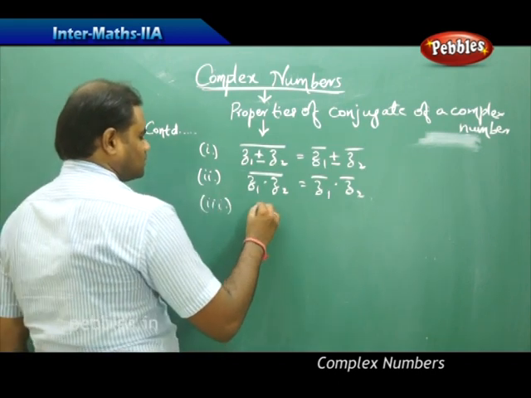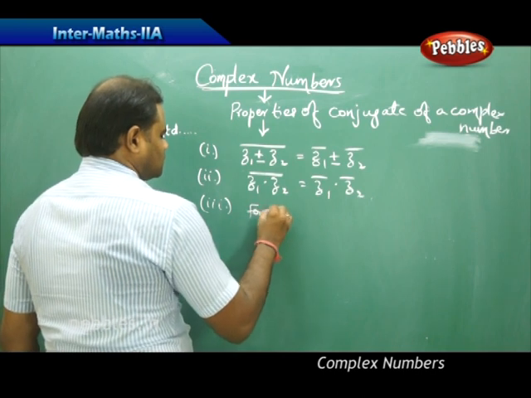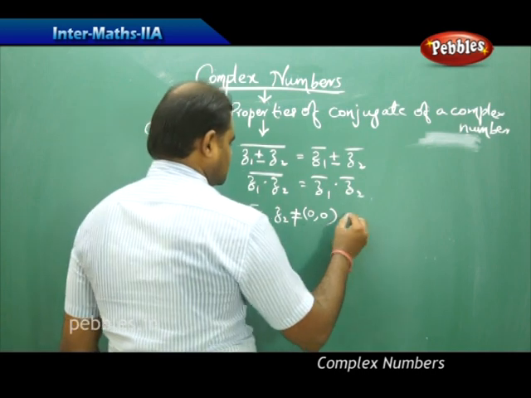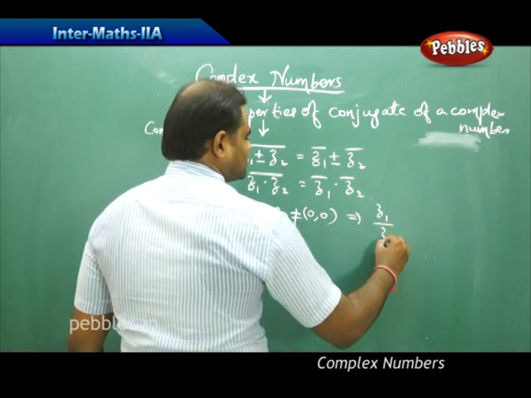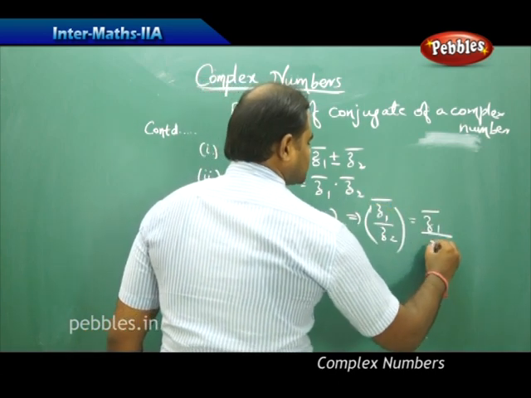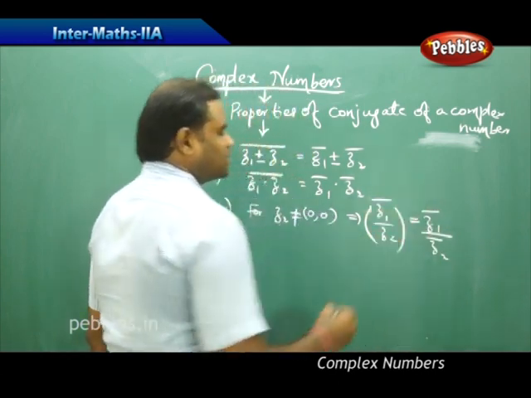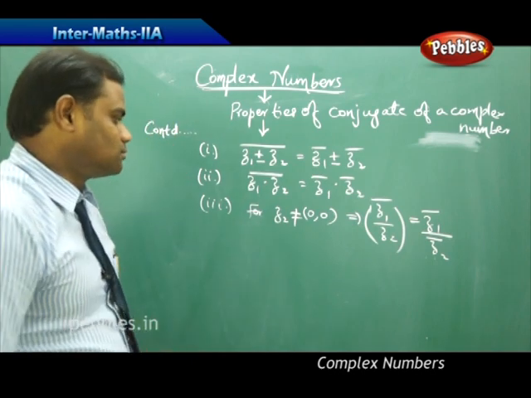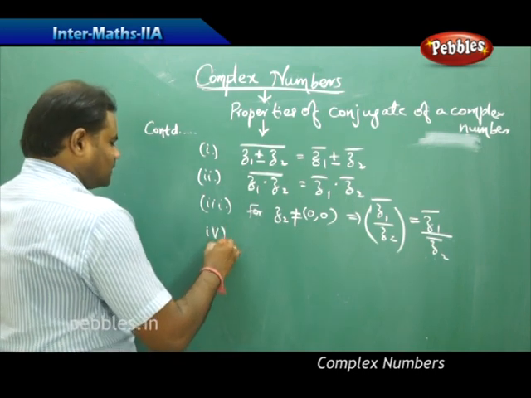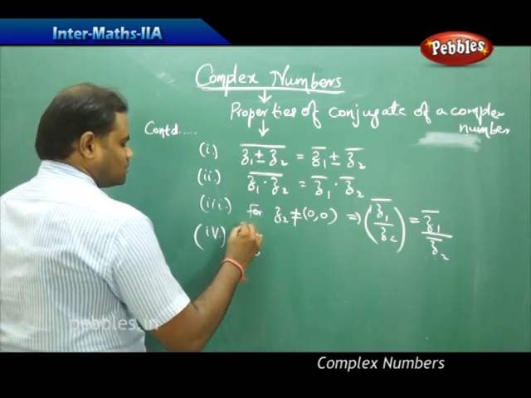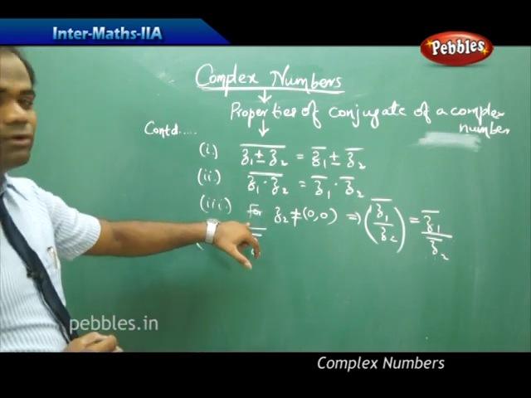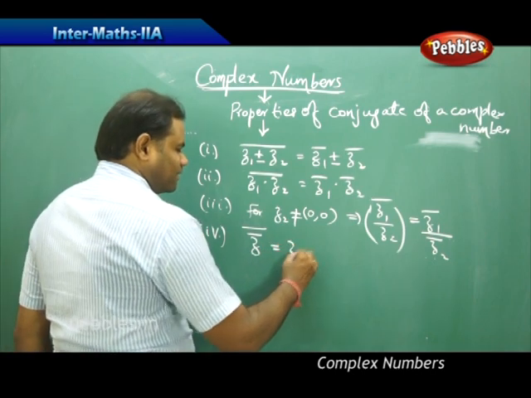And thirdly, if I have z2 not equal to 0, that implies the conjugate of z1 by z2 is the conjugate of z1 by the conjugate of z2, provided z2 is not a zero complex number. Now this is the conjugate of the conjugate, that is, the conjugate of z bar is nothing but z again.